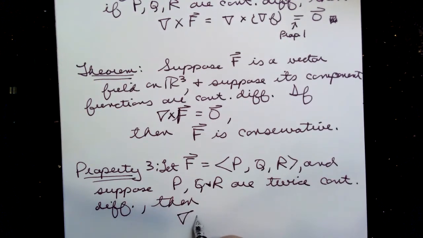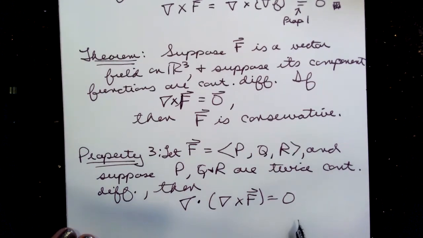Then the divergence of the curl is 0. And now this really is 0 because you're taking a dot product, so that's a number. Not a vector 0, it's a number 0. Okay, all right, so let's see why that's true.